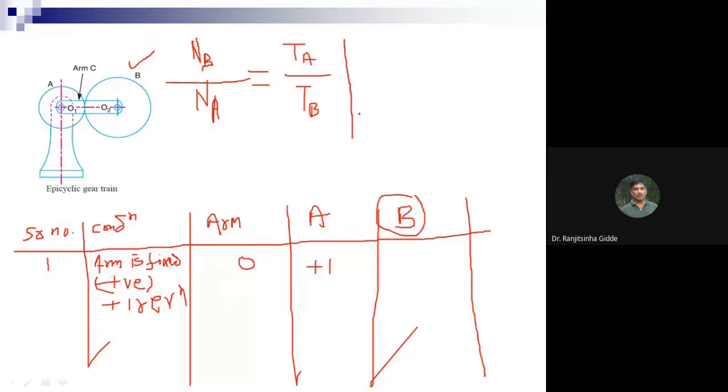TA upon TB. So therefore, here we can write NB is equal to NA inside the bracket, this TA upon TB. Okay, so far, did everyone understand? Did you understand, Omkar?